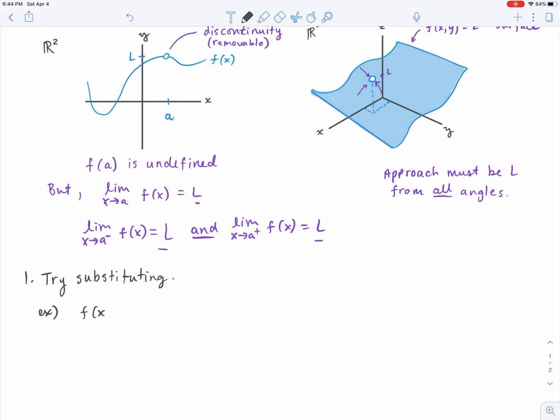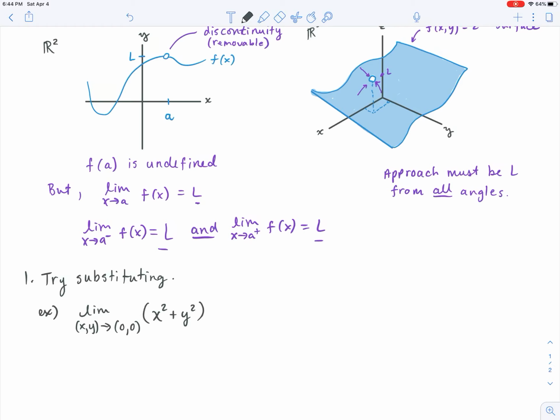Let's say our function, the limit as xy, remember we have a two-dimensional domain now, so now it's not just x approaching 0, it's the point xy approaching the point 0, 0 of x squared plus y squared.